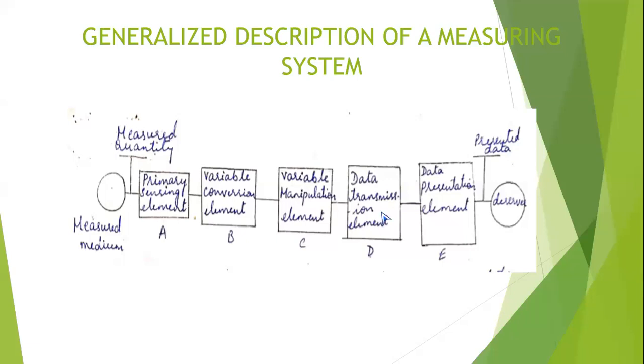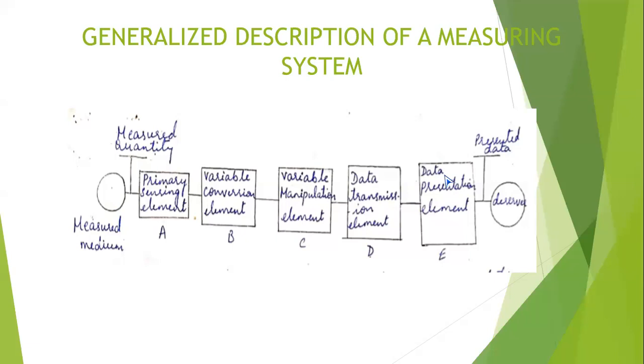That digital signal is presented to the digital output, that is the data presentation element, where you have the output, that is the weight of the sugar placed on the platform of the electronic weighing scale.